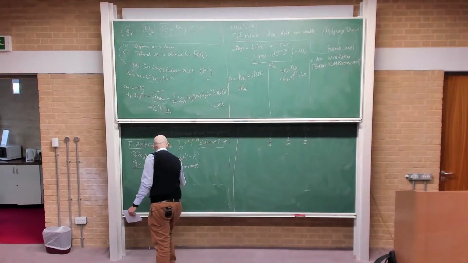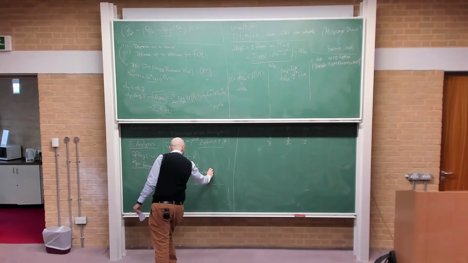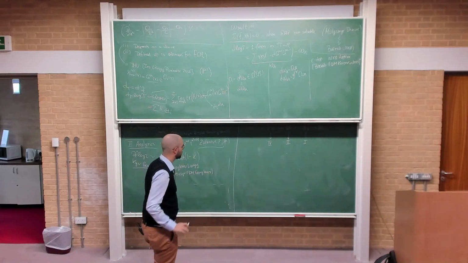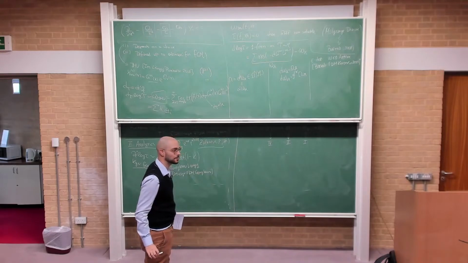On the torus by a different paper by... The whole thing was a determinant or just the Z? Sorry, can you repeat the question? The whole thing is a determinant.